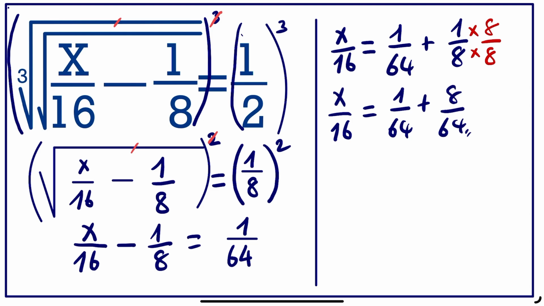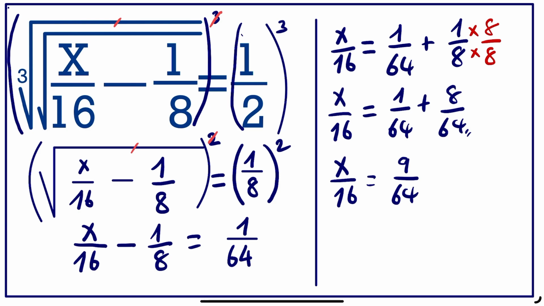The denominator is the same, so we can now simplify. x over 16 will be equal to, if we add the numerators together, 9 over 64.